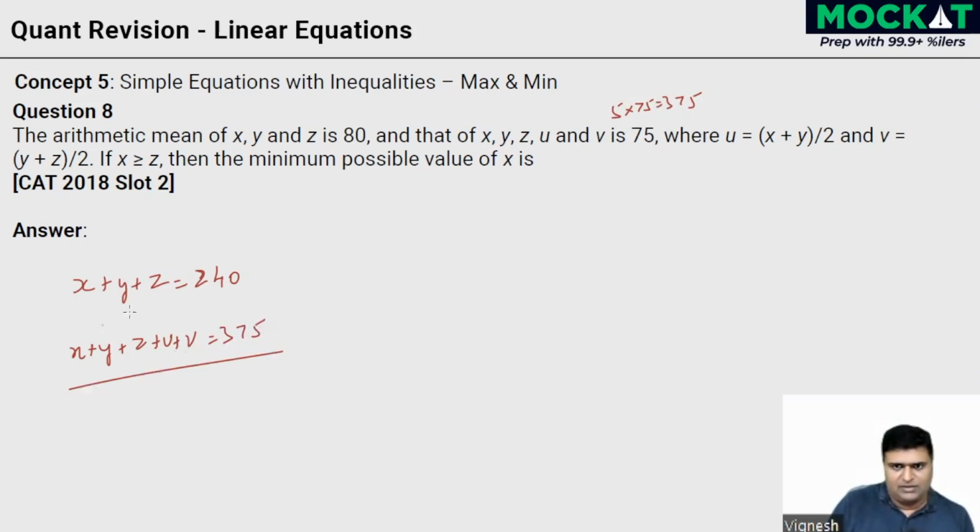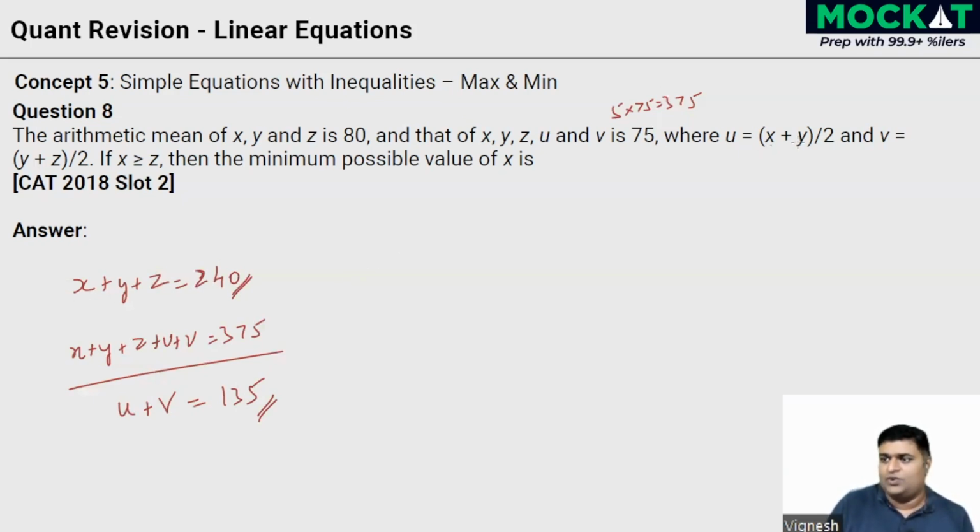Now immediately, bottom minus top, x, y, z get cancelled, and I get u plus v over here equals 375 minus 240, which is 135. So I'm now reduced to two equations over here. Using this, I'm getting u plus v equals 135, and x plus y plus z is 240. Okay.